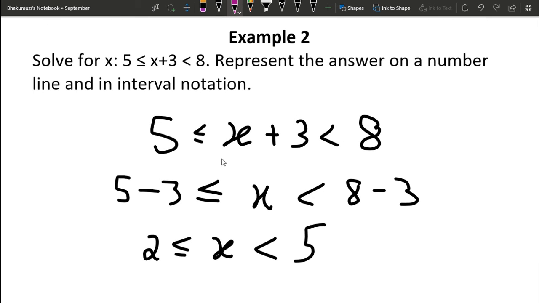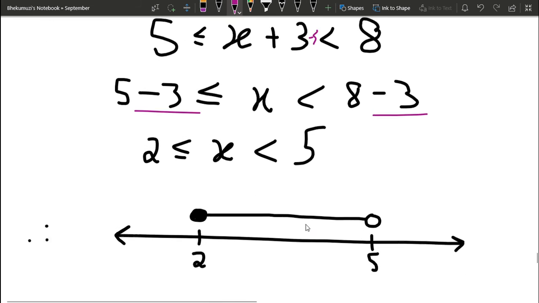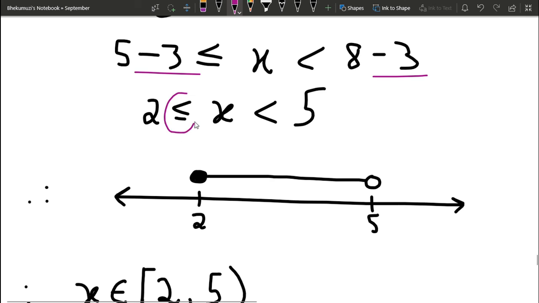So here again we have a double-sided inequality, and a double-sided inequality is basically that when you subtract 3 here, you also subtract 3 on the other sides, and then you find your answer. And as you can see, this inequality sign means that it is including 2.